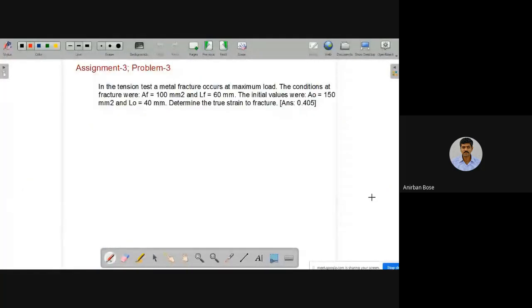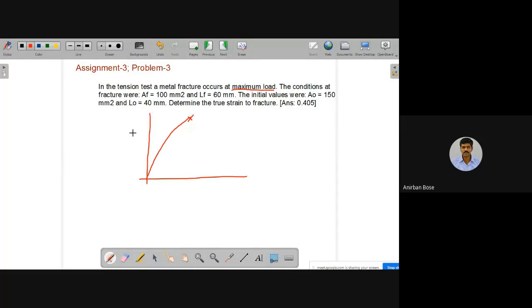Now coming to the next problem, that is problem 3. This is again a problem related to the tension test, the tensile test. The question is, in a tensile test, the metal fracture occurs at the maximum load. So this is basically the ultimate point, and this is the fracture point.